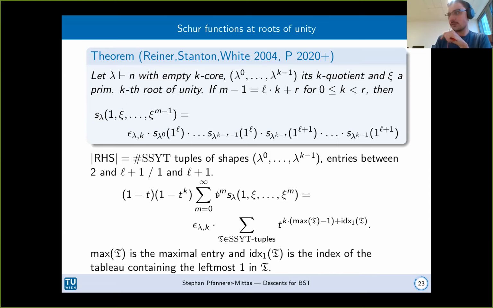This will fix the position of the leftmost one. And then if you multiply in this factor, this will fix the maximal entry.